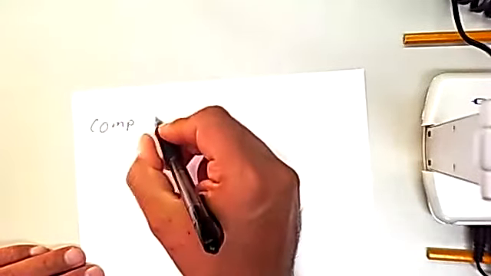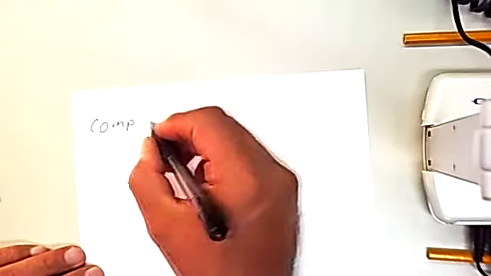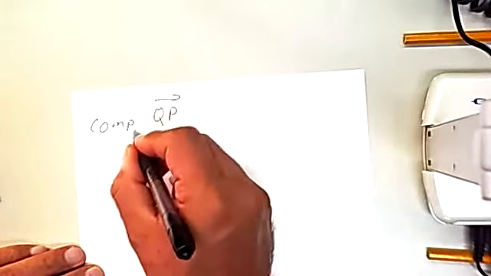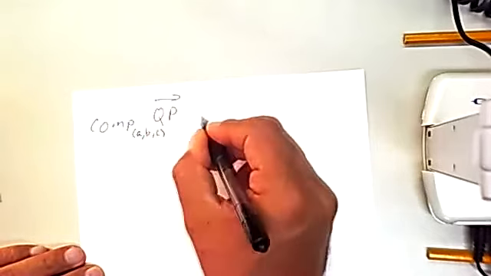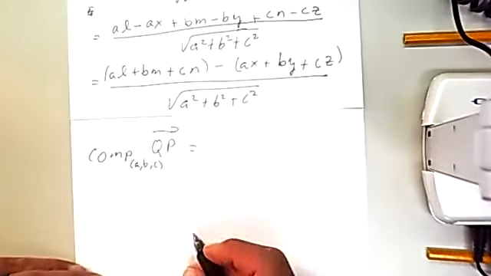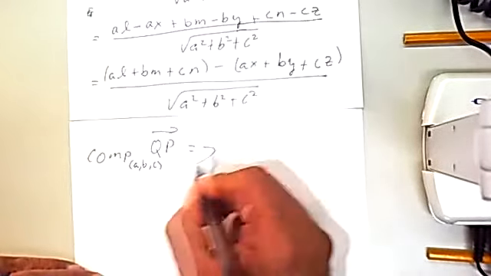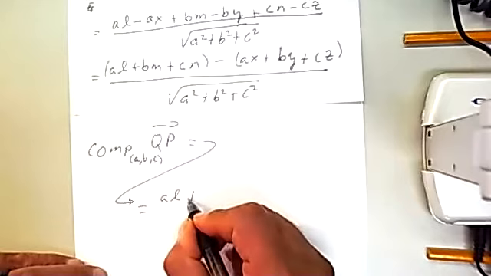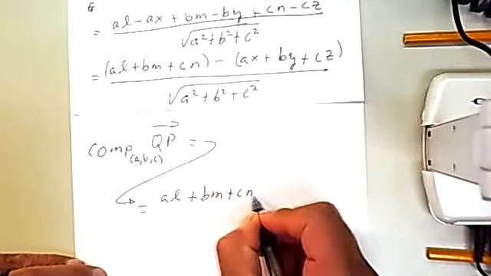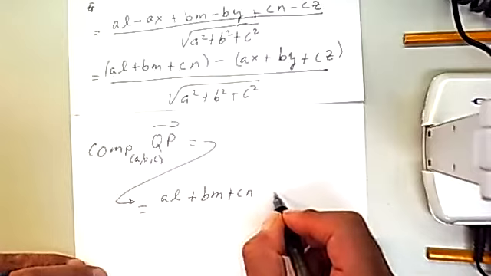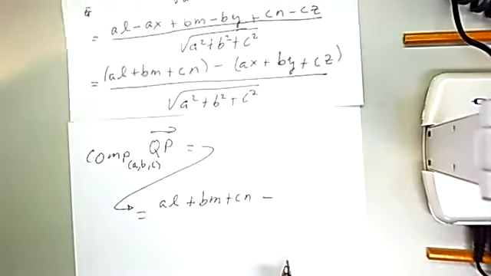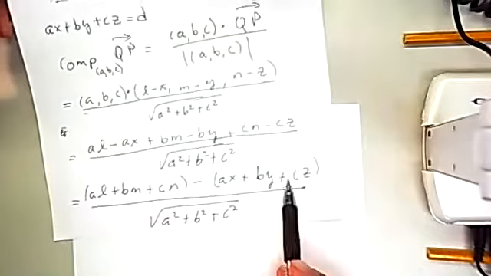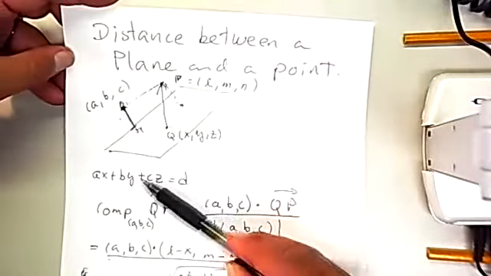So again, we're finding the component of QP onto ABC. And from the previous page, we have AL plus BM plus CN minus, now XYZ is some generic point in this plane.